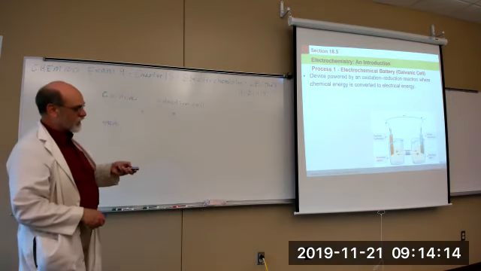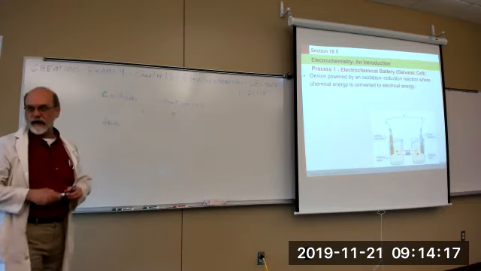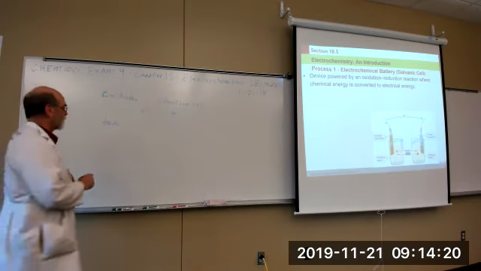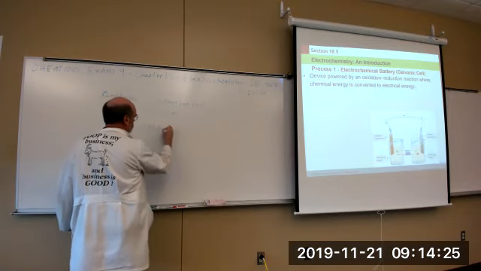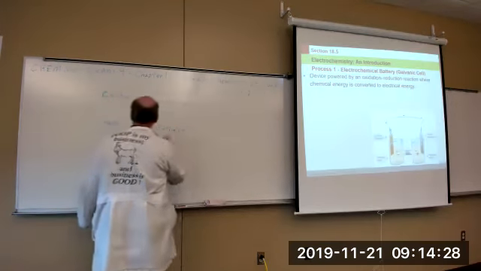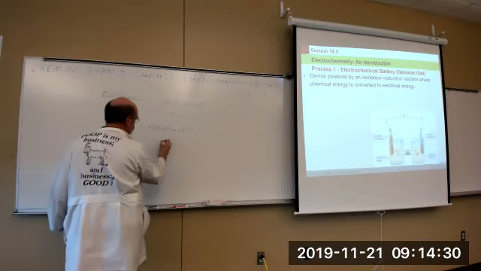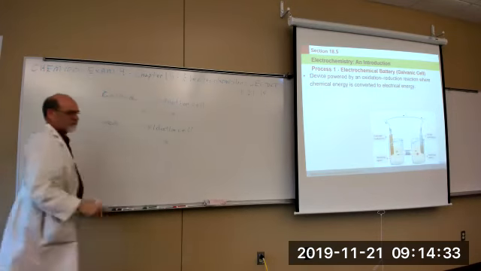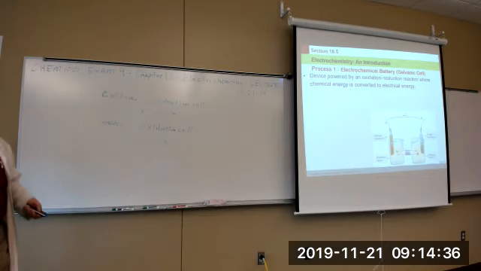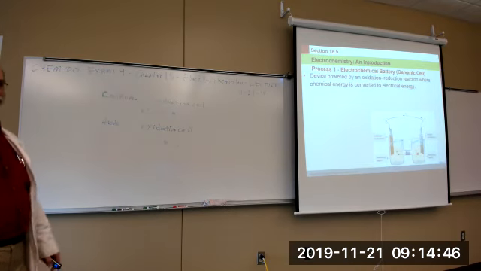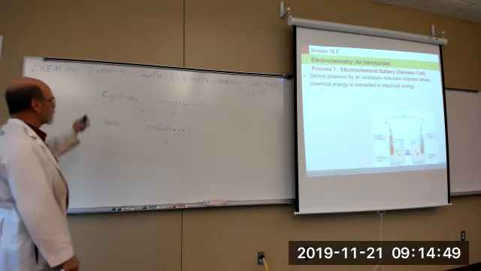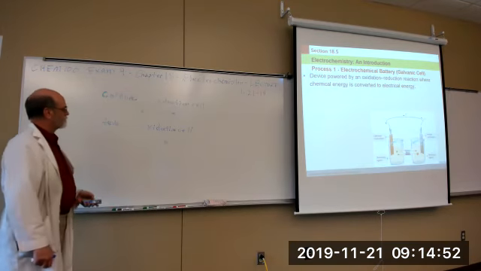So the left-hand cell here is the cathode cell. That makes the other side, where oxidation takes place, the anode. And the electrons for this one are going to be on that side. So this is the anode because this is the side where oxidation takes place. You just have to learn it. Cathode is reduction, anode is oxidation.